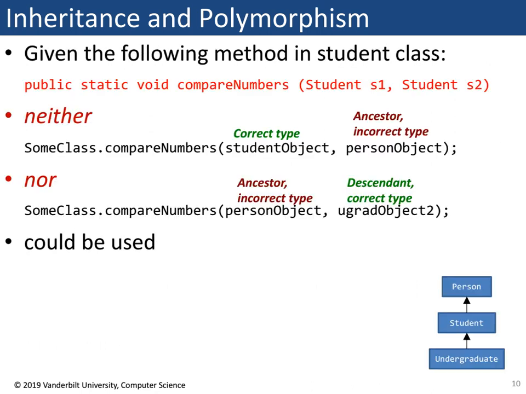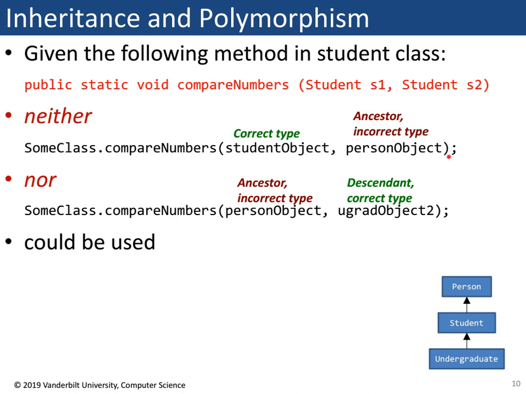So going back to our compare numbers or compare GPAs, we were going to pass in two students and compare their GPAs. We said we could pass in student objects or we could pass in undergraduate objects. However, we can't pass in person objects, because a person is not necessarily a student.